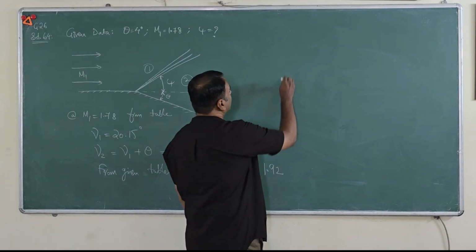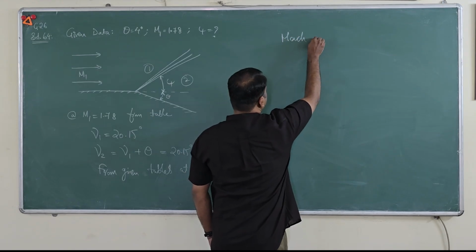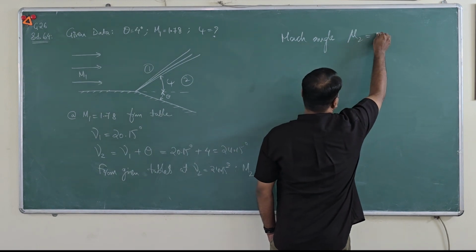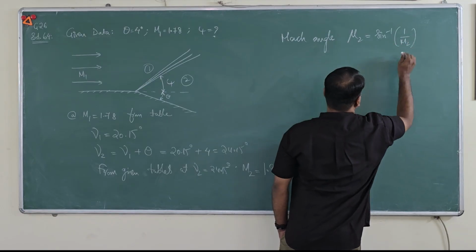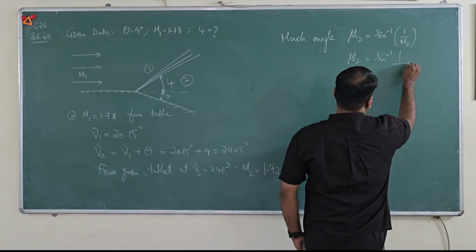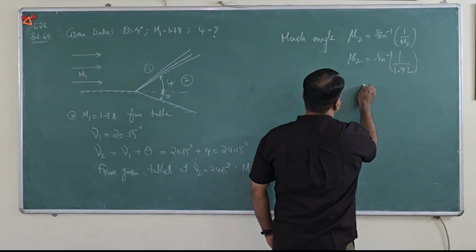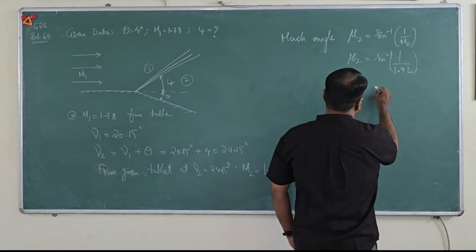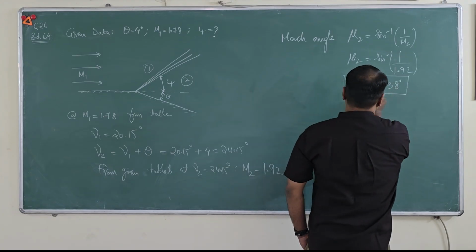So using this Mach number, we can find the Mach angle mu2 as sine inverse of 1 by M2. So this mu2, that is sine inverse of 1 by 1.92, comes out to be 31.38 degree.